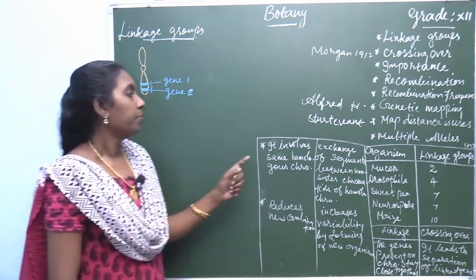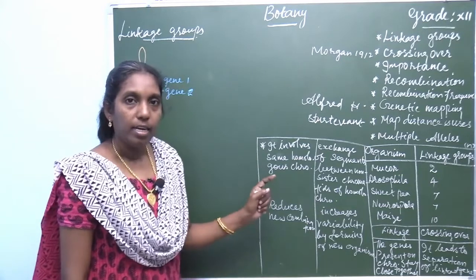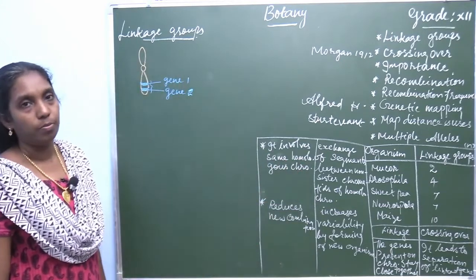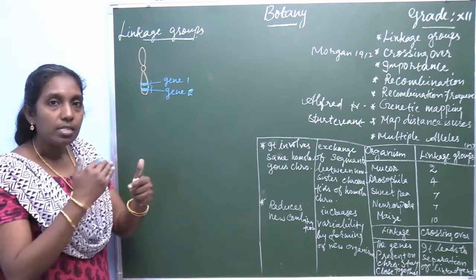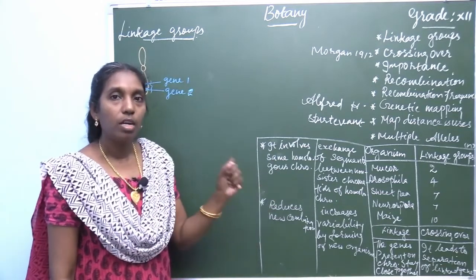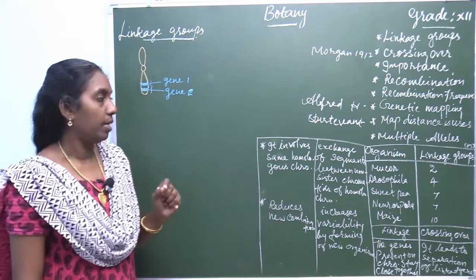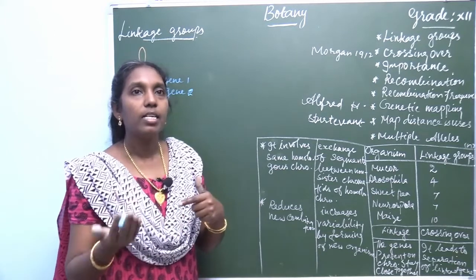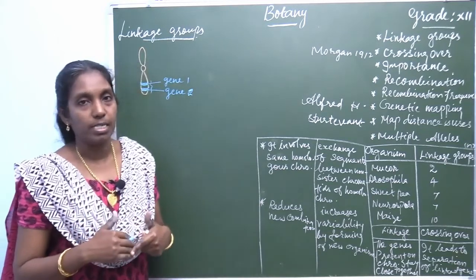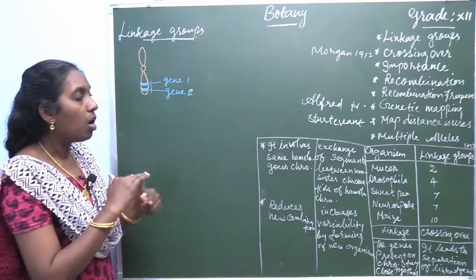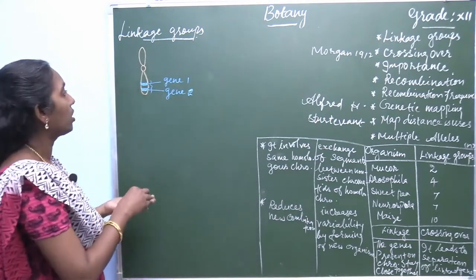Second point, linkage involves the same homologous chromosome. Within the same homologous chromosome, the genes are linked. But in crossing over, there is an exchange of segments between non-sister chromatids of a homologous chromosome.